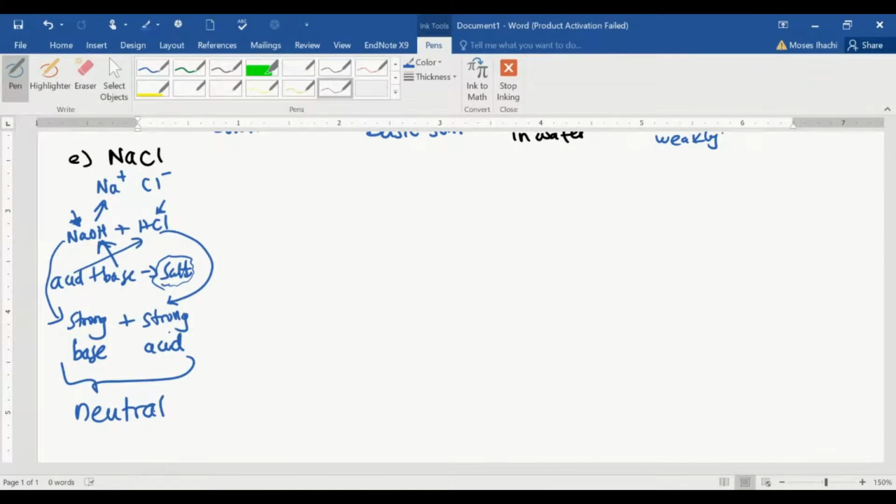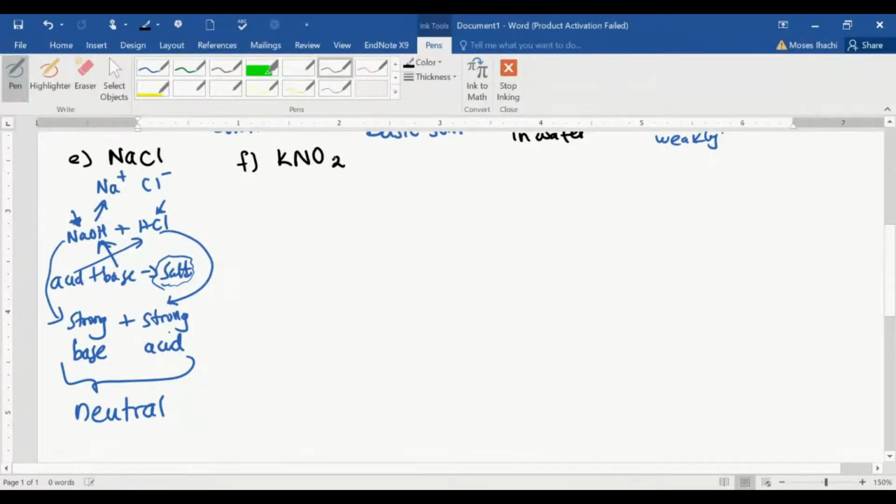So next, we are going to check whether this molecule here is neutral, acidic, or basic. This compound here is potassium nitrite. The name is potassium nitrite.